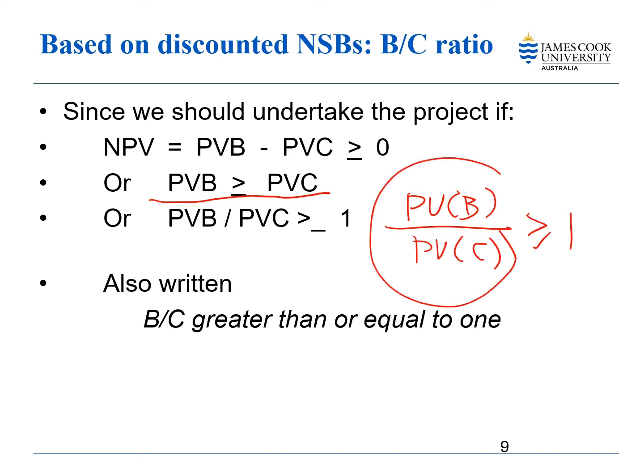And we call this the benefit cost ratio. So that's the second decision rule that we can use, benefit cost ratio. We say this project is efficient if the benefit cost ratio is bigger than or equal to 1.